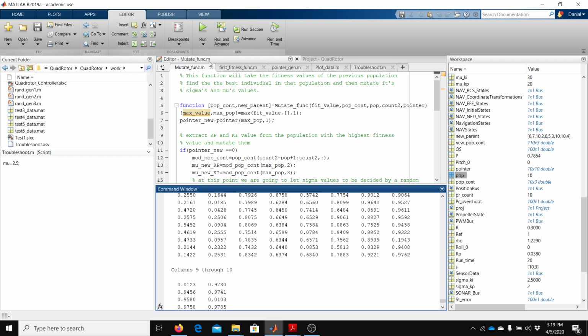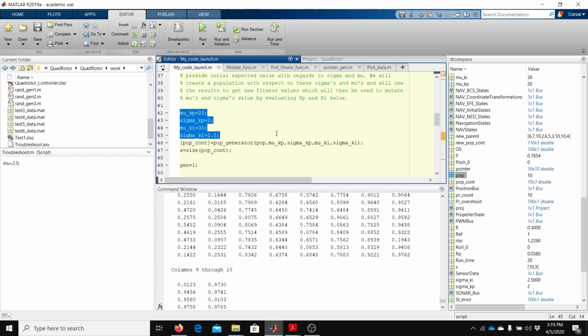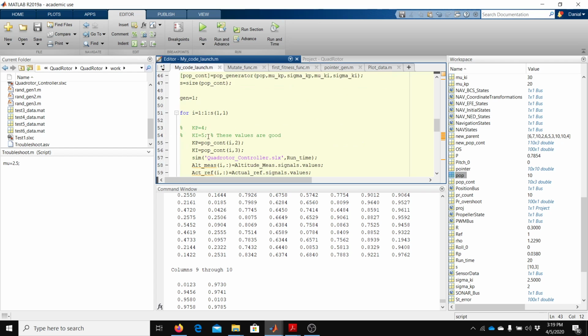If you go through your function, which is my code launch, you will see that we give a value of kp, ki, and sigma ki. We produce a population, we know the size of that population, and we give it generation 1, because that's the first generation we're going to create.